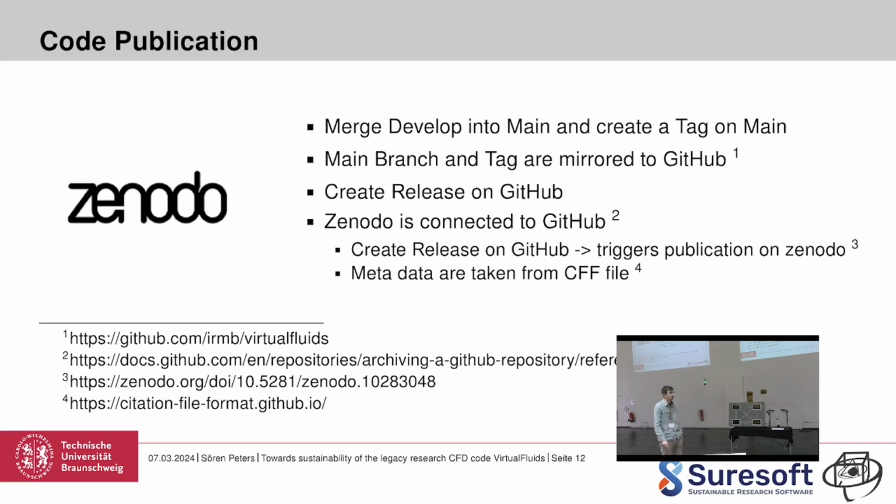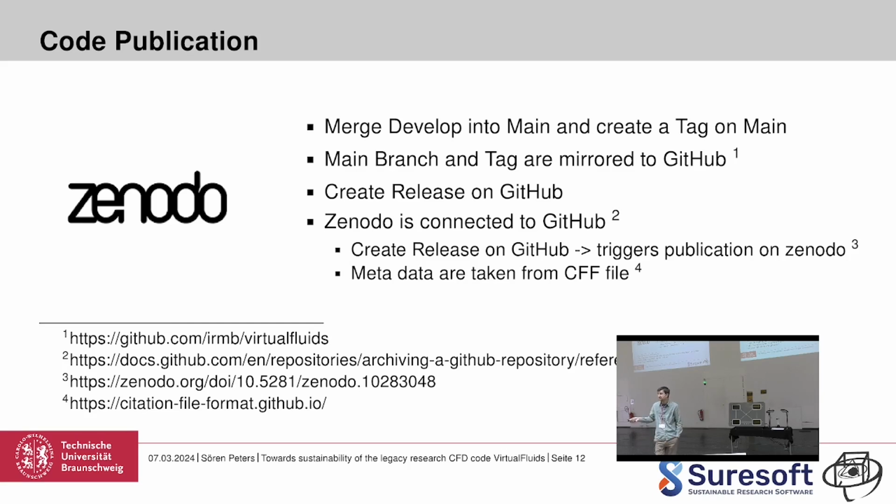When we have the main tag created, this is then mirrored to the GitHub repository. Yesterday there were a couple of talks discussing developing on GitHub and then mirroring to GitLab. We do it this way. We mirror the main branch and the tag to GitHub.